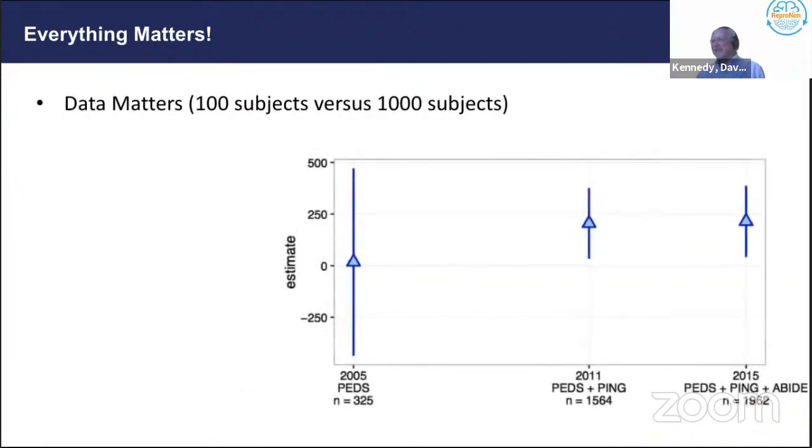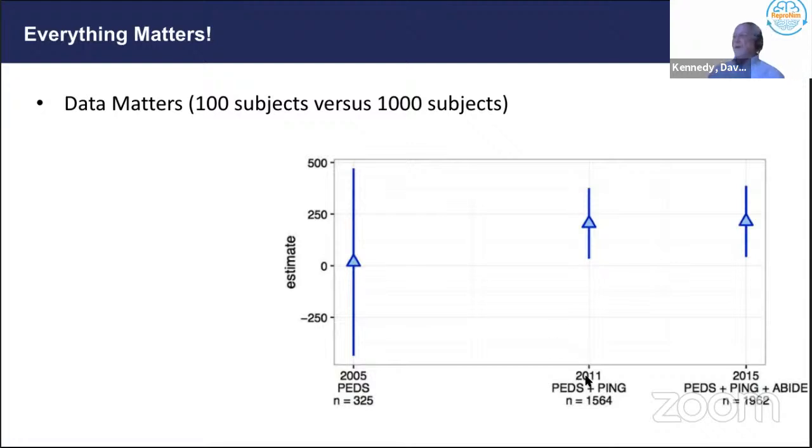Data matters. If you have lots of subjects versus a few subjects, you can imagine answers can change. Here again, we're looking at the hippocampus volume, the sex effect. Back in 2005, the NIH pediatric data set became available, 325 subjects. Looking at that sex effect, we end up not seeing a significant effect.